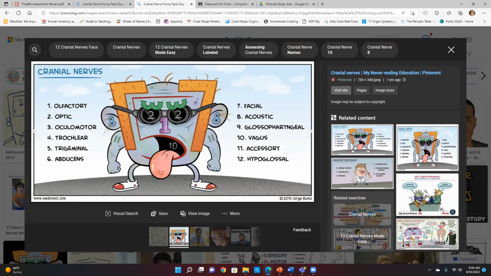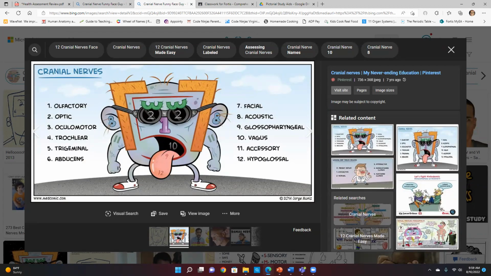PERRLA, pupils equal, round, reactive to light and accommodation. So this is what we're talking about when we have two, three, four, and six. Cranial nerve number five is your trigeminal nerve, and that's on his face.